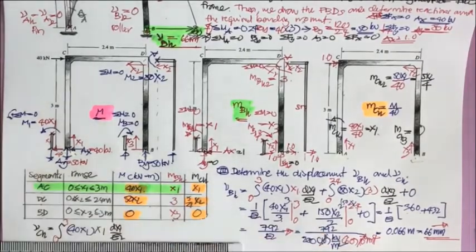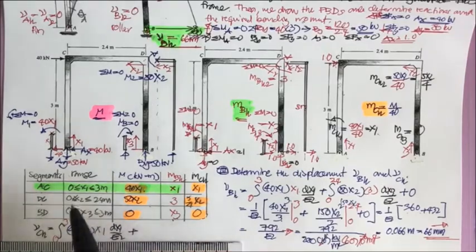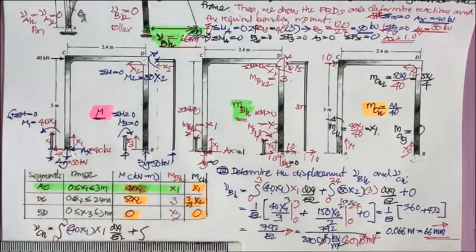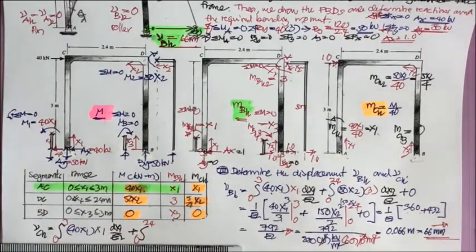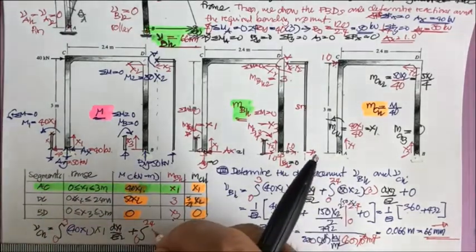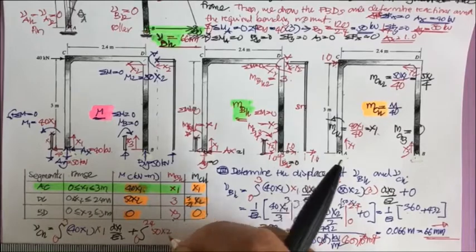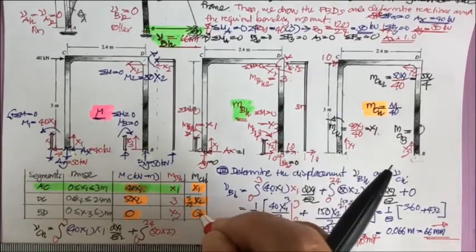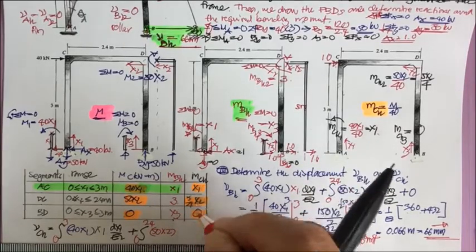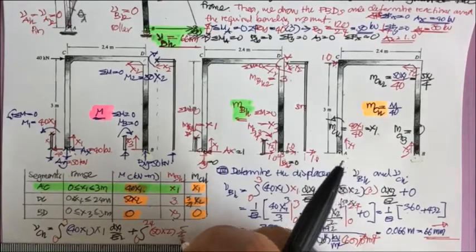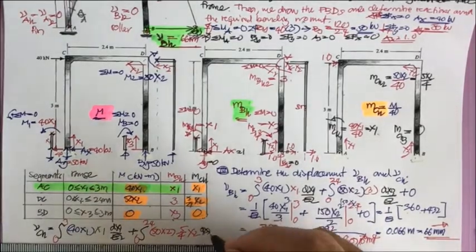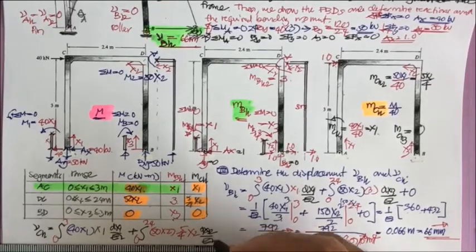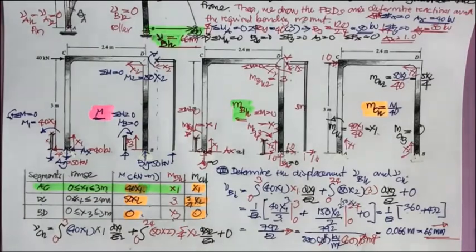That is the first term. Then we plus the integral from 0 to 2.4 of 50x2 times 5/4 x2 dx2 over EI, and the last one plus 0.